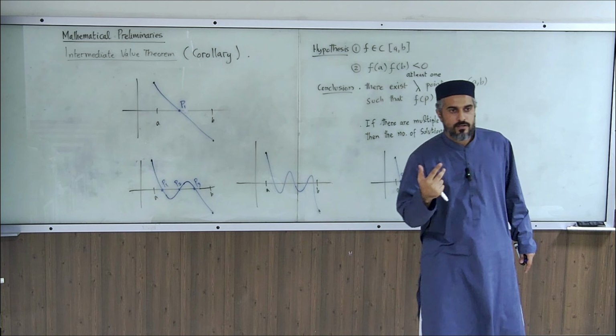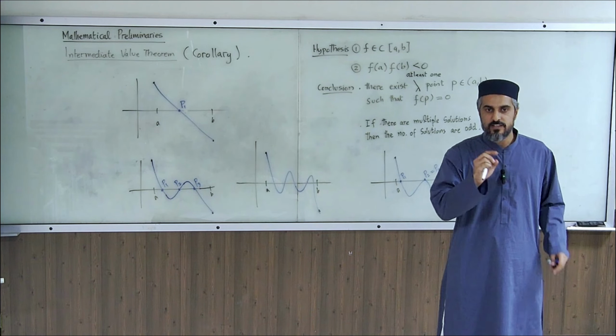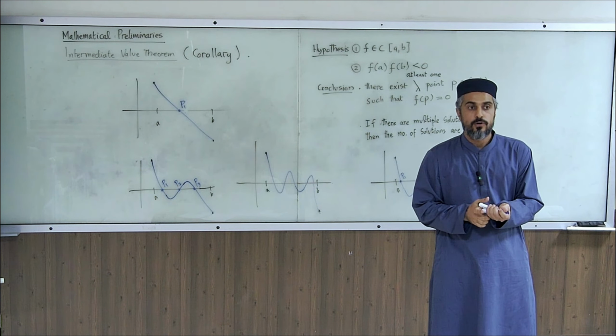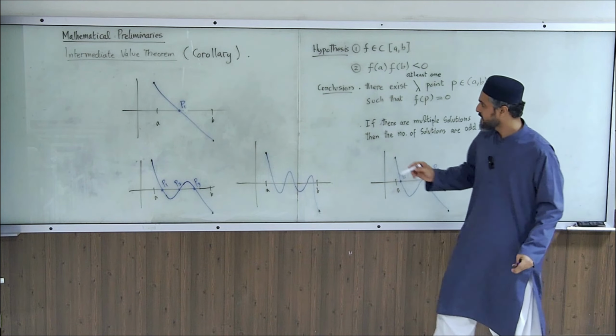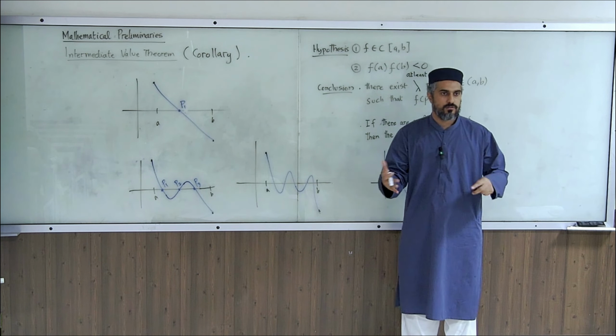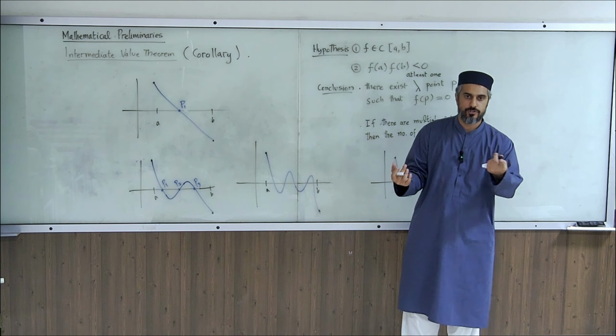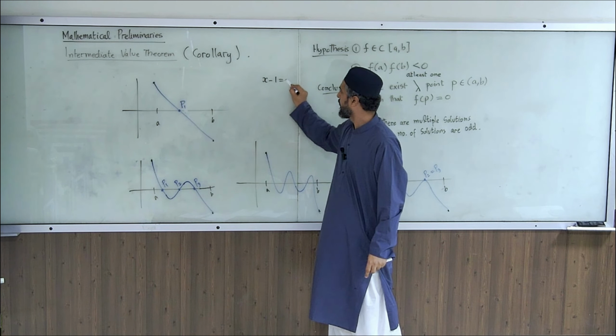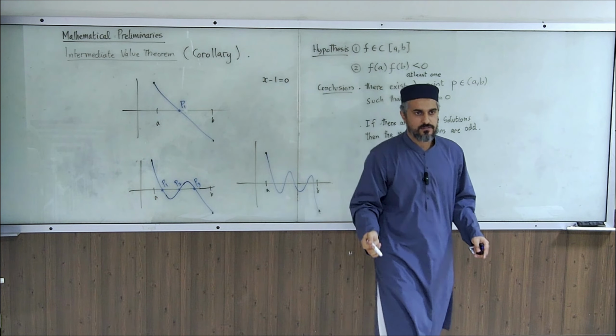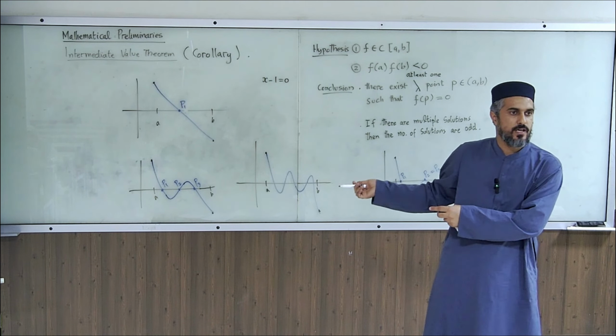Let me tell you how. If for example I ask you to write a polynomial which has 1 as a root, a real number 1 as a root, what would you write? For example this. So this is a polynomial which has a root 1.